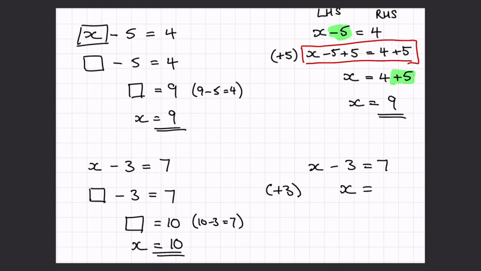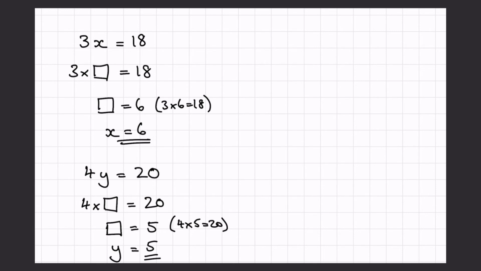So I end up with x is equal to 7 add 3. So what I've done is I've missed out this line up here. I've not bothered doing that line there. All I've done is jump straight to x is equal to, because that was the purpose of adding the 3 here. Now, of course, x is equal to 10, and there's our answer.